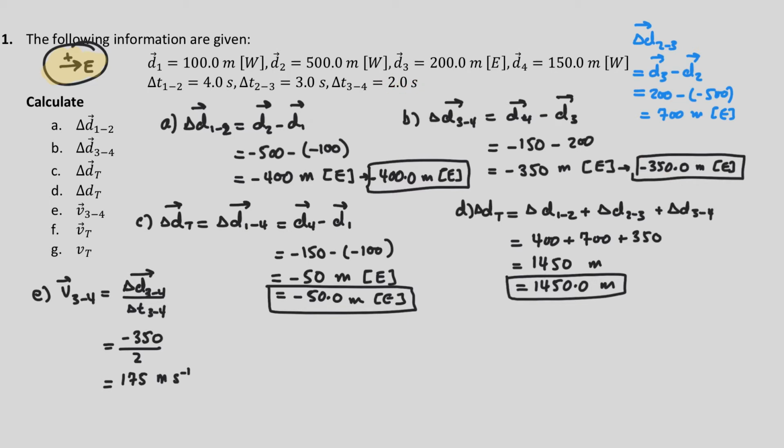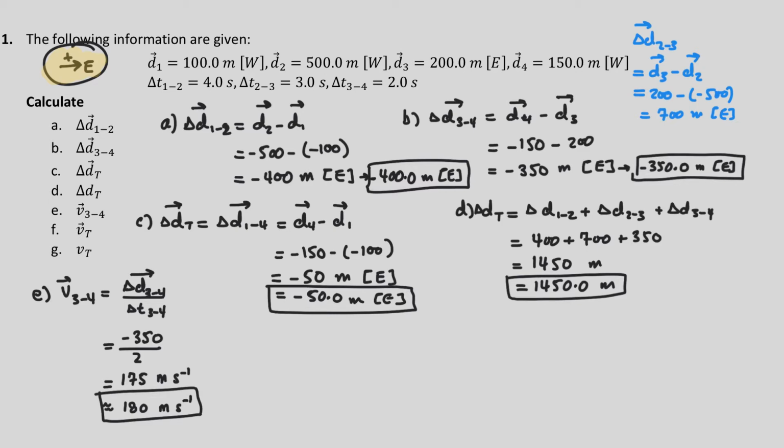When I multiply or divide, I have to use the least number of significant figures, so I have to round this number to 2 significant figures. And in this case, I will get 180 meters per second. I'm gonna box my answer here.